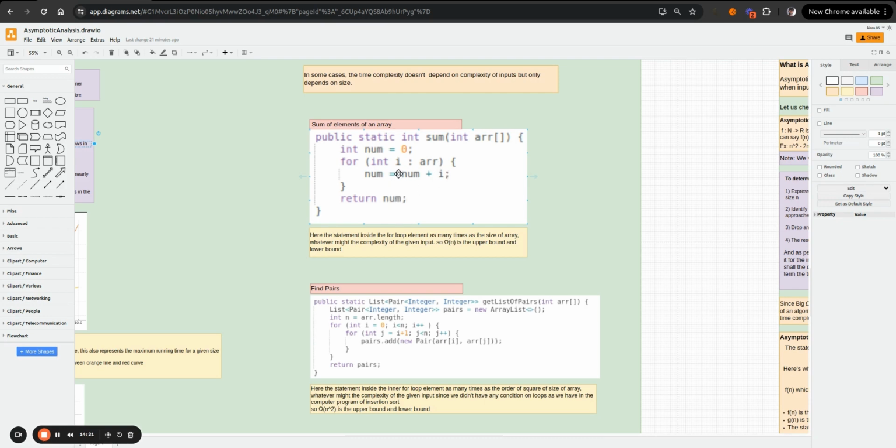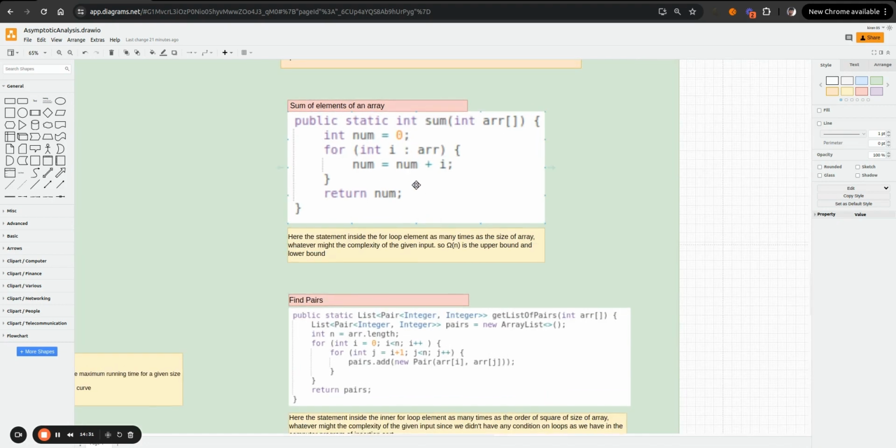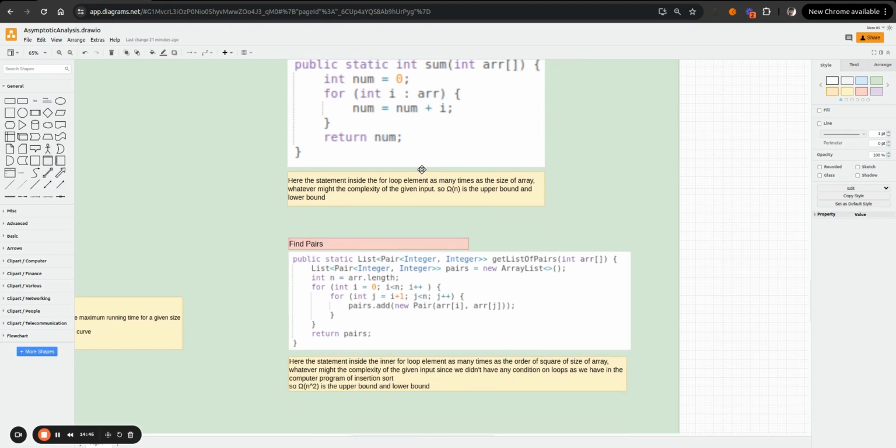So these instructions will be run as many times as the size of this array. So we can say that the time complexity is of order n. So this is the upper one and this is the lower one, nothing else. So here we can say that big omega of n is the time complexity of this one, which is also the lower bound and also the upper bound as well.